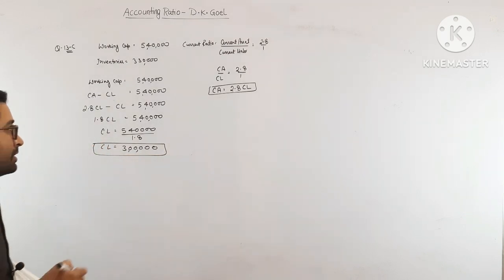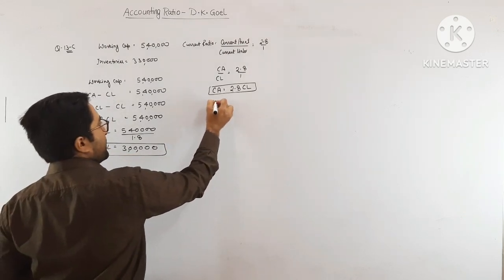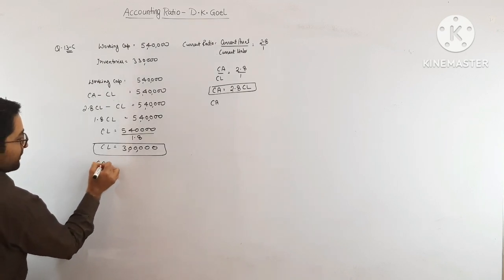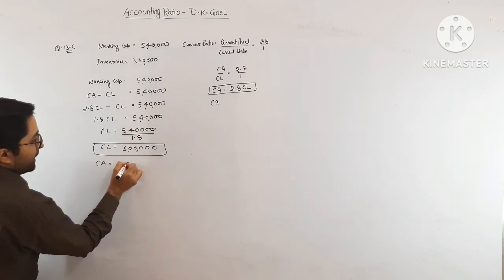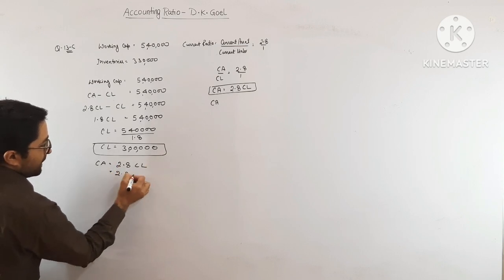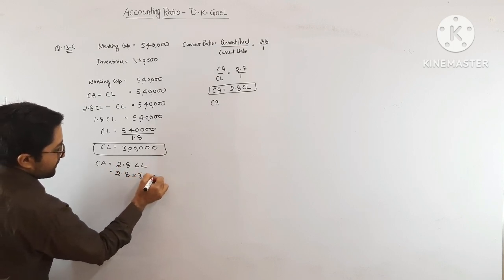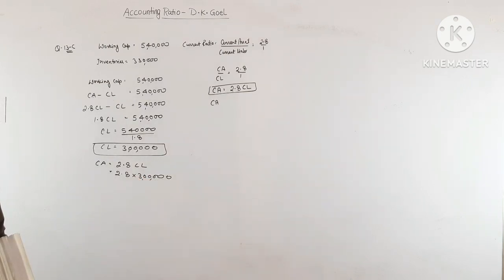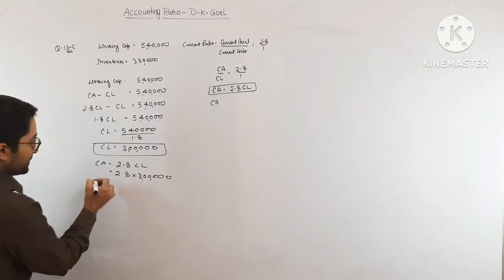Clear? Now the current asset will be 2.8 CL, and the value of CL is 3 lakh rupees. So 3 lakh into 2.8 is 8,40,000.